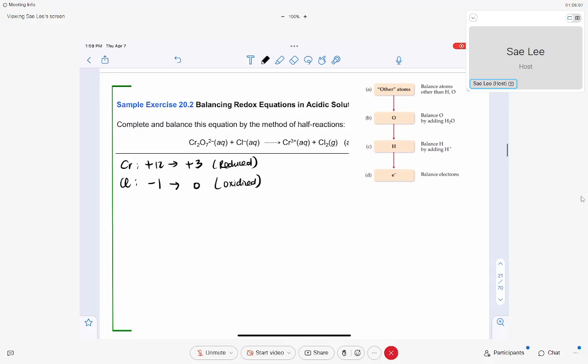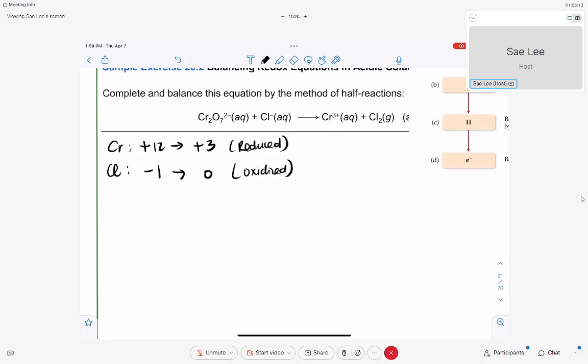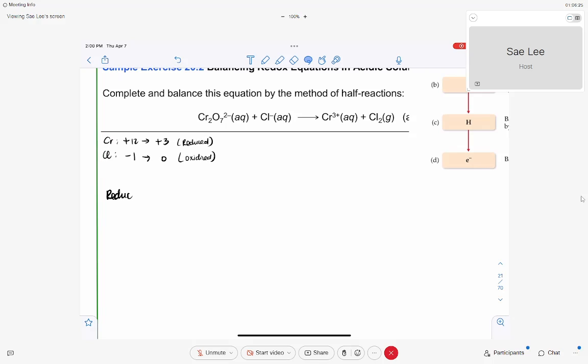The reduction half reaction is Cr2O7 2- aqueous going to Cr3+ aqueous.